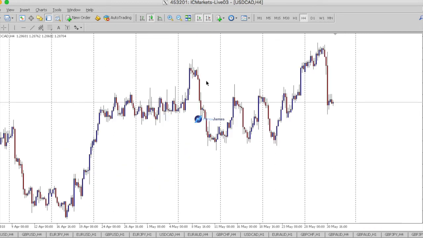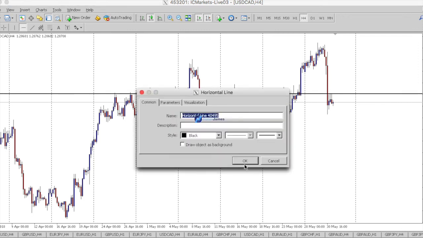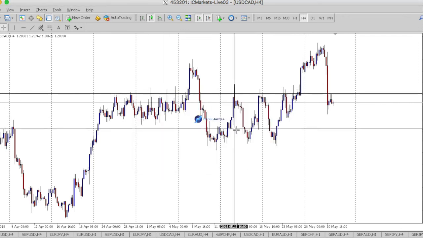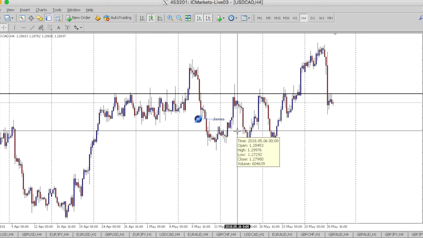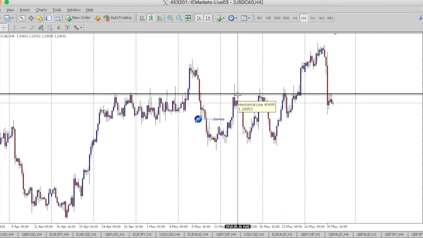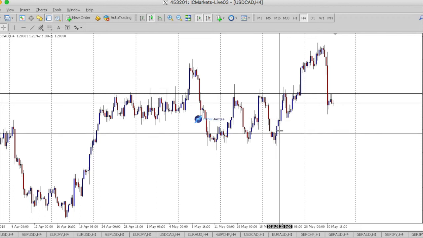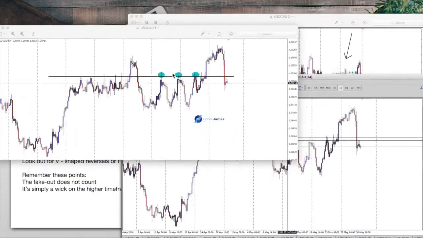Knowing how to spot that this is a fake out here, and that this is essentially true resistance, knowing that there are sell orders sitting on this line, we could make use of the information to get short when price returns to it again, as I've drawn over here.